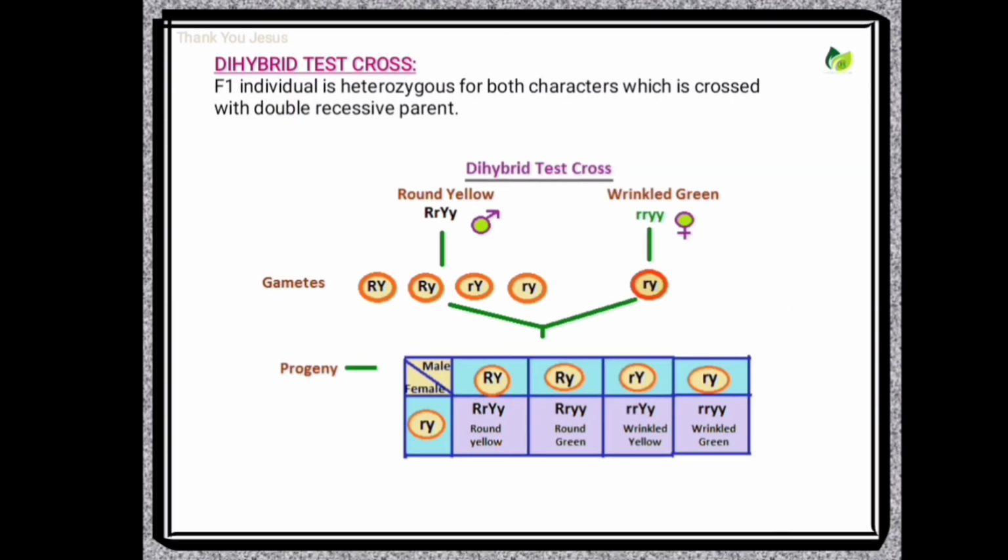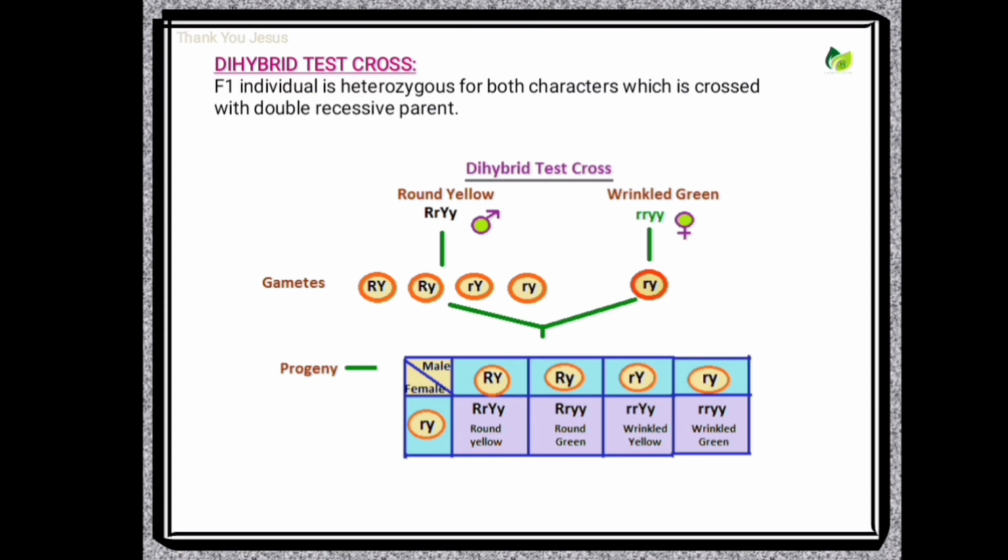Let's see the dihybrid test cross. Here, the F1 hybrid was crossed with a double recessive parent, such as small r small r small y small y, wrinkled green. The F1 individual is heterozygous for both characters.